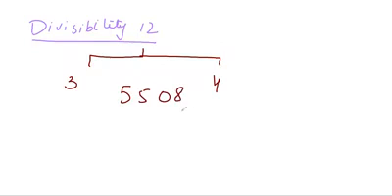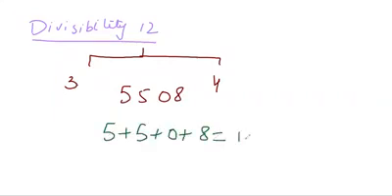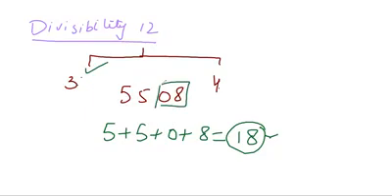To check whether a number is divisible by 3, we add all the digits. The answer we get should be divisible by 3. The answer is 18, and 18 is divisible by 3. So the whole number is divisible by 3. For checking 4, we take the last 2 digits. If the last 2 digits come in the table of 4, it means the number is divisible by 4. In this way, we can say that the number is finally divisible by 12.